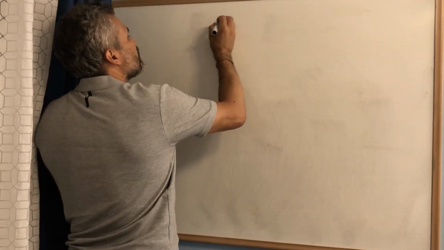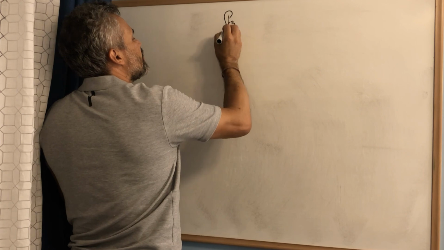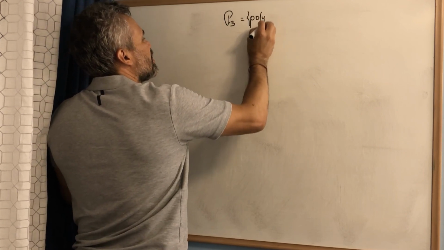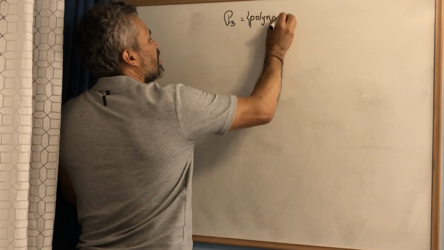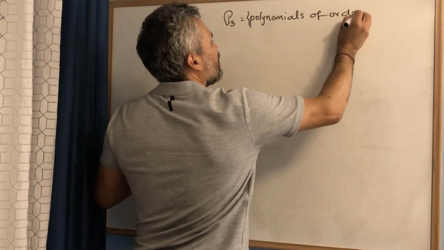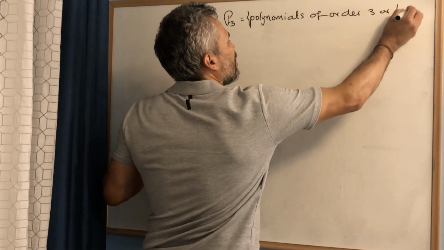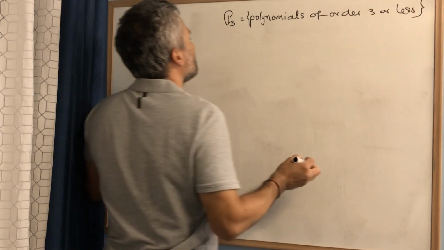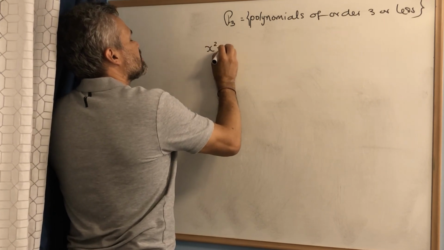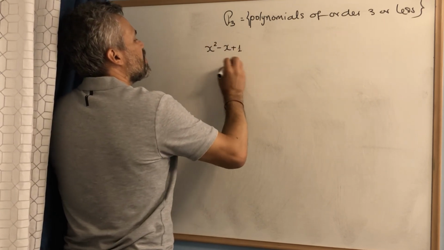Let's suppose that we have, in the space P3, which are polynomials of order 3 or less, the polynomials p1 = x squared minus x plus 1.